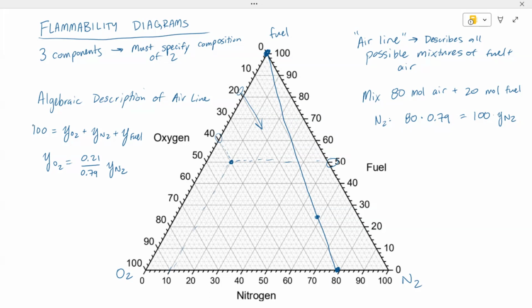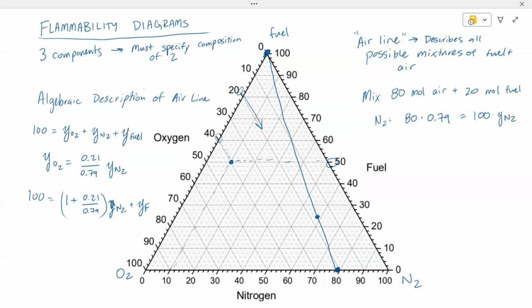So then what I can do is substitute, plugging in this expression for YO2, and what I'll get is 100 equals 1 plus 0.21 over 0.79, we'll factor out the YN2, and add the Y fuel. And then what I want to do is solve for N2 in terms of Y fuel. The reason why I'm doing this is I want an algebraic expression.